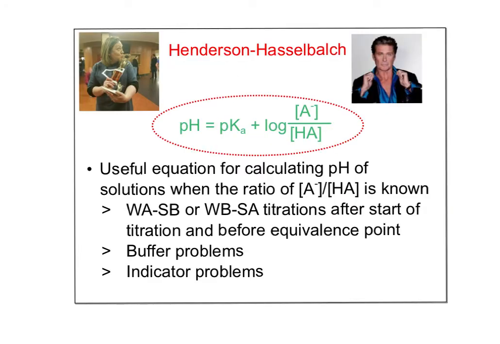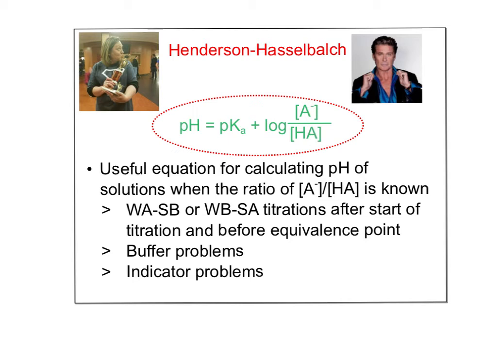All right, so I told you that after we've started the titration and before we reach the equivalence point, you can do stoichiometry to figure out how much is excess of your HA, how much is produced of your A-. Once you do stoich and have those concentrations, you have two options.